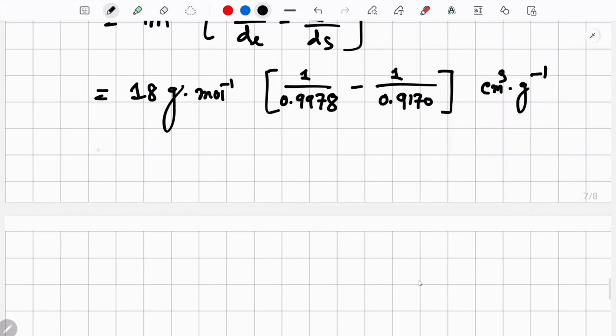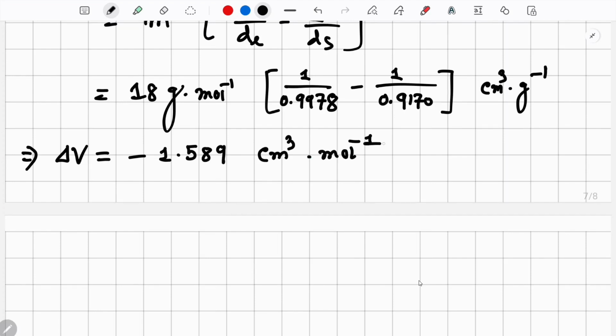What will be the answer? Minus 1.589. This is centimeter cube mole inverse. Okay, delta V we know now.